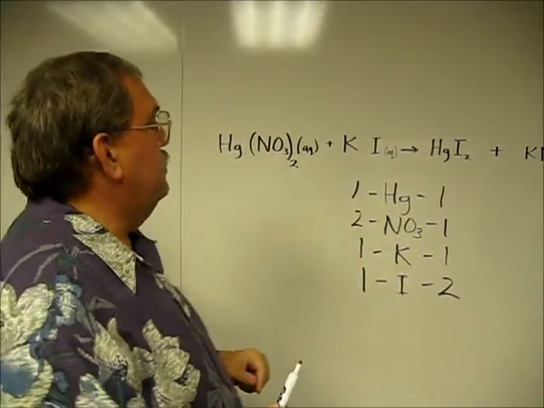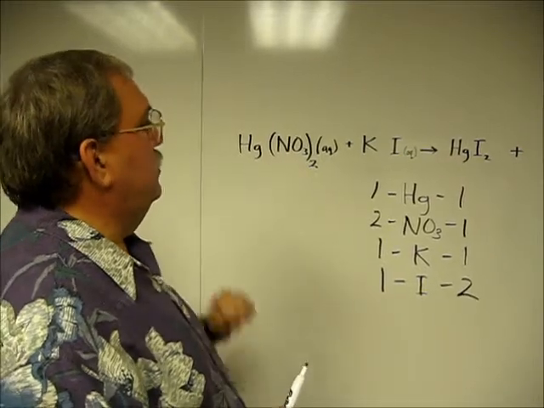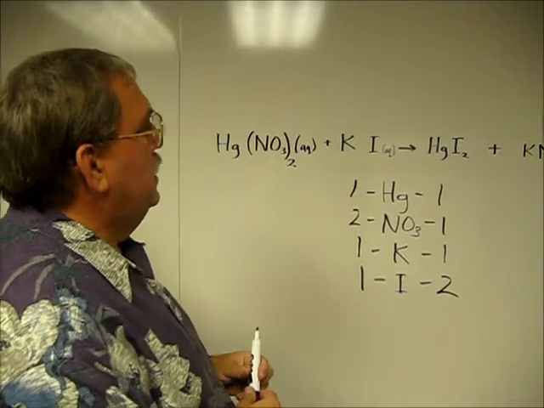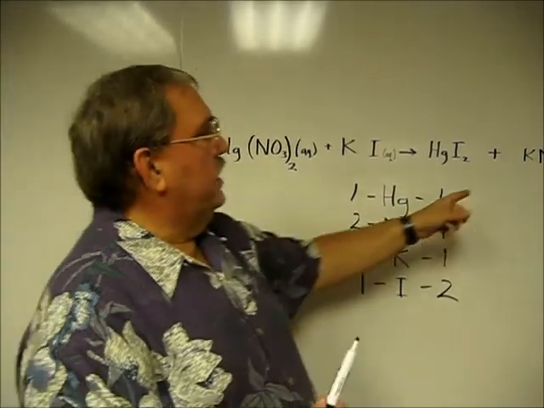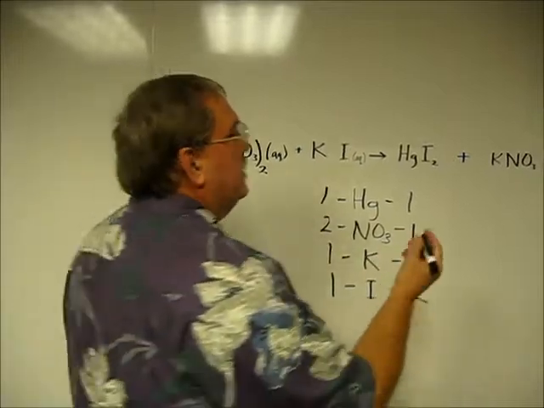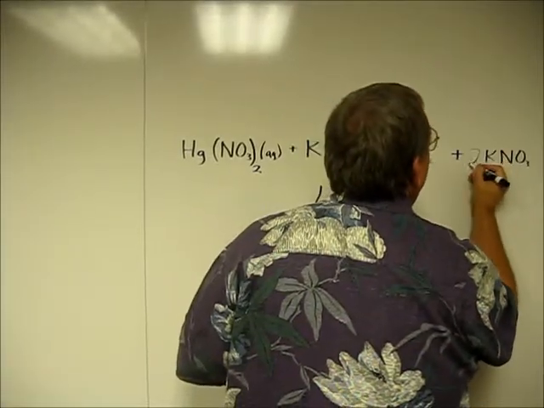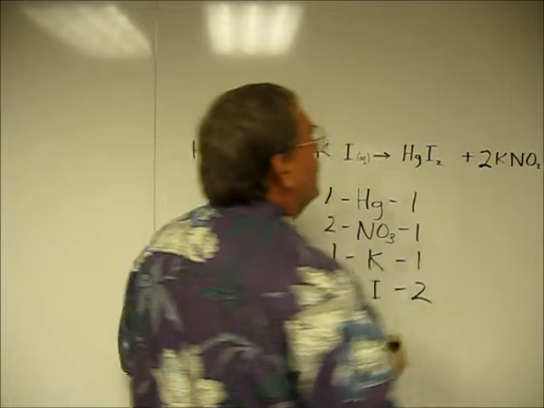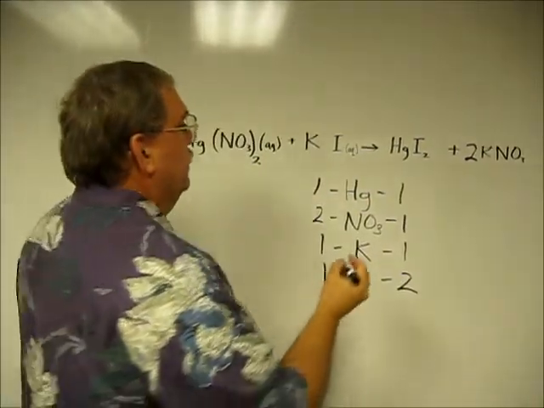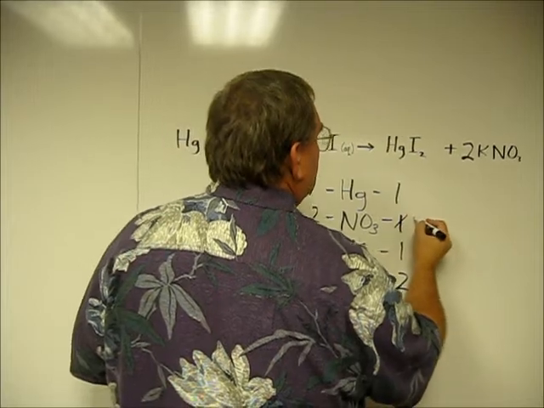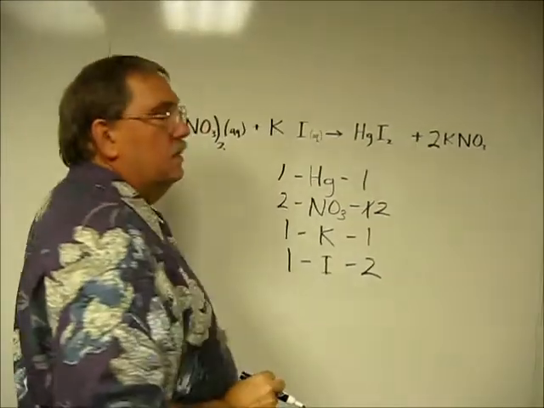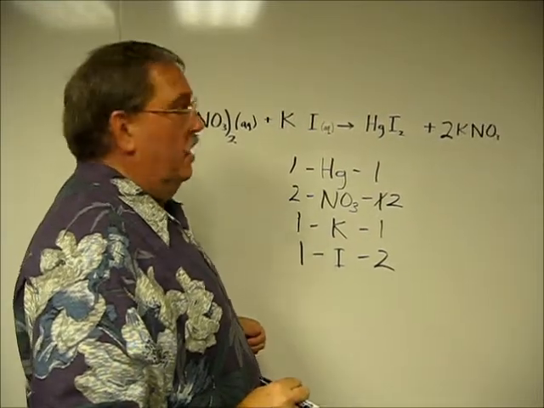With respect to nitrate, we show that we have 2 on the reactant side and only 1 on the product side. So, in order to correct that, we can make this a coefficient of 2 in order to get 2 nitrates. However, when we do that, we also have to correct that we have 2 potassium on the product side also.